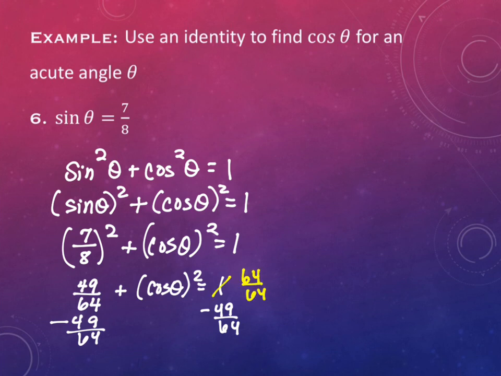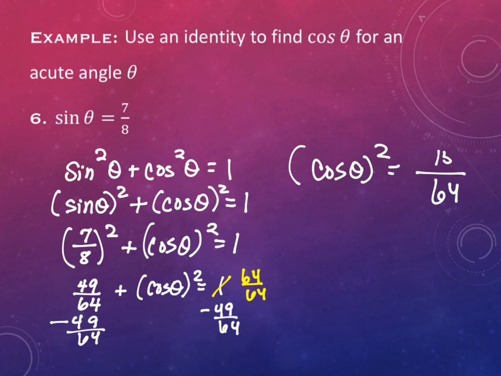So what happens when I subtract 64 minus 49? It's just 15, right? Excuse me, 64 minus 49. It's 15, right?